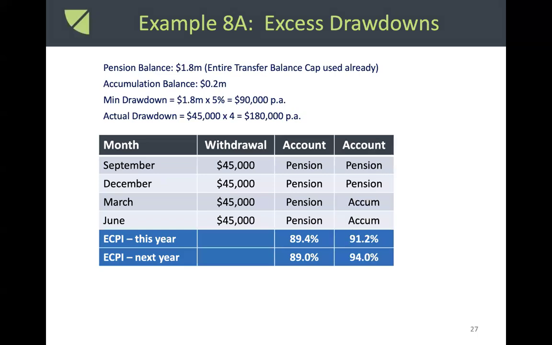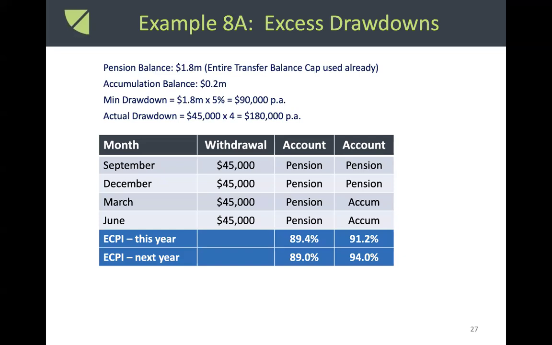What I'm going to encourage you to do, though, is instead of taking those second 2 payments out of pension, why don't we take them out of accumulation? Reduce the accumulation balance, and that's going to keep your ECPI higher. Instead of getting 89.4% ECPI this year, we're going to get 91.2% because we're keeping more in pension.